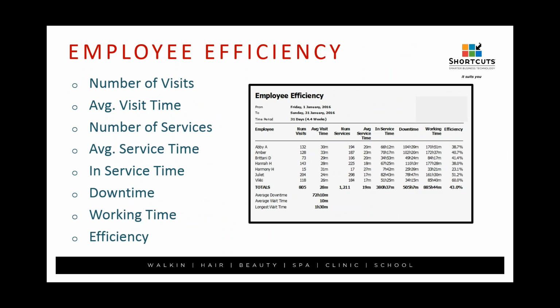The information that I can see here is number of visits, average visit time, number of services, average service time, the time in service and the downtime, total working time, and efficiency. Again, this will break it down per employee, give you a total, and then give you some averages as well.